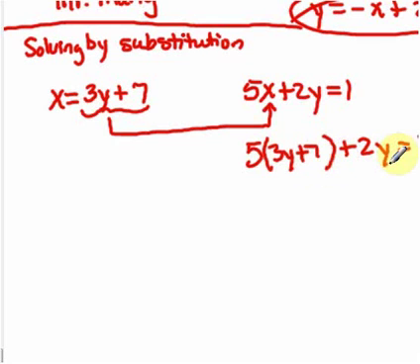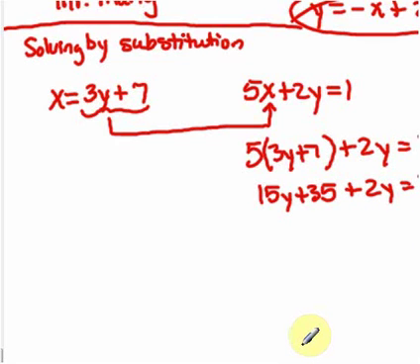So now this is going to be pretty easy. I need to distribute the 5 to everything that x is, because this says 5 times x, but x was this stuff over here. So it'll be 15y plus 35 plus 2y equals 1. Add your like terms. 15y plus 2y is 17y. Bring down your plus 35 and your equals 1.